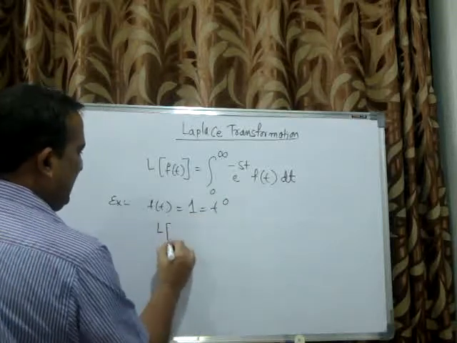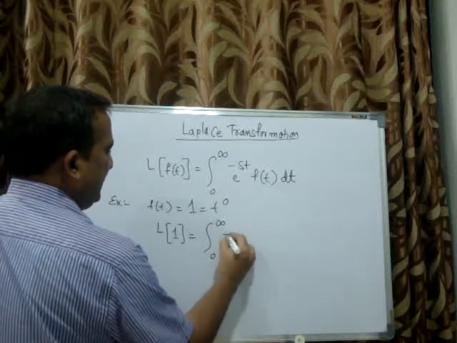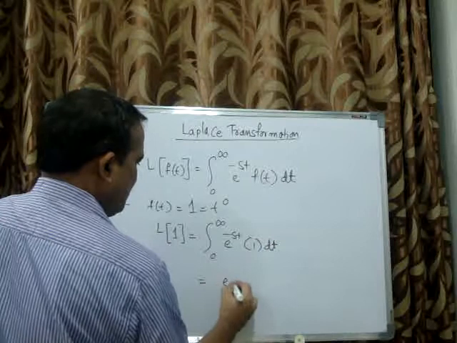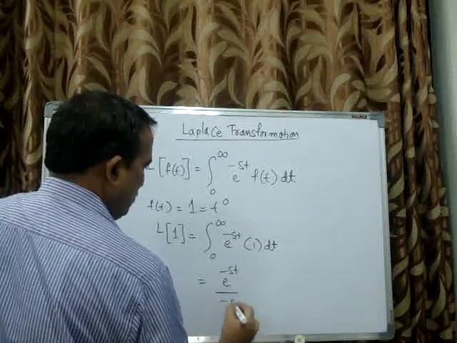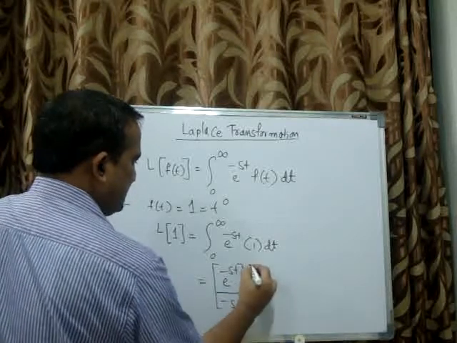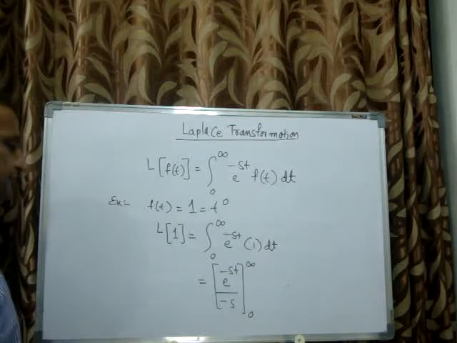So Laplace of 1 is equal to integration of 0 to infinity e raised to minus st times 1 dt. So integration of e raised to minus st is equal to e raised to minus st divided by minus s, upper limit is infinity, lower limit is 0.